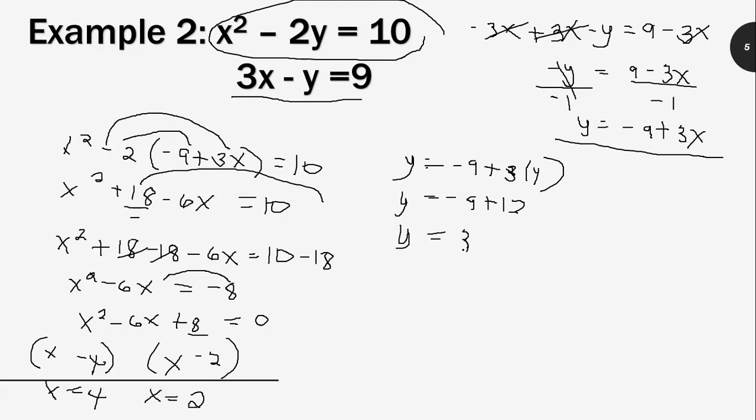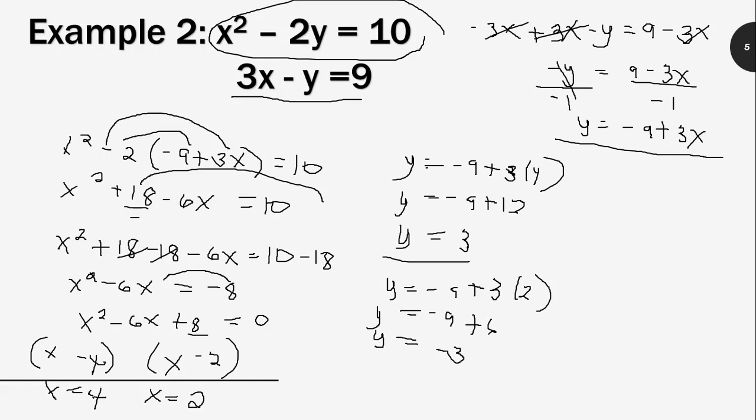Okay po. Next. Y is equal to negative 9 plus yung x na 2 naman, 3 times 2. 3 times 2 is 6. Negative 9 plus 6, we got negative 3.